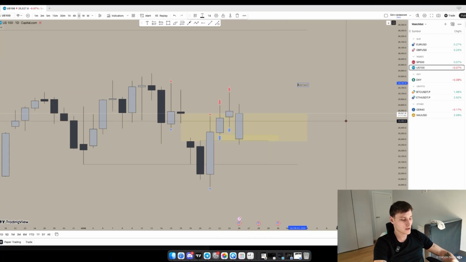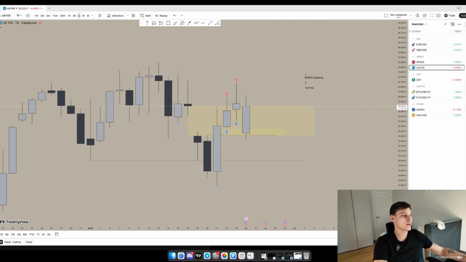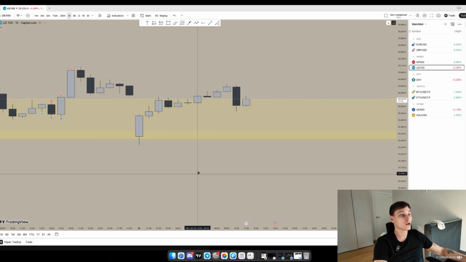The first is the new weekly opening gap, the price opening inside last week's fair value gap, and the price opened inside the 1 day FVG. So these are two areas, and these are strong areas, so I'm planning to go longs, yeah.